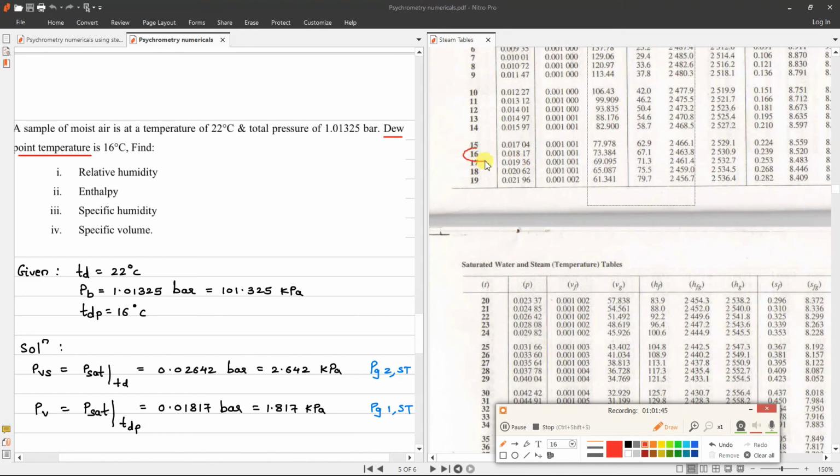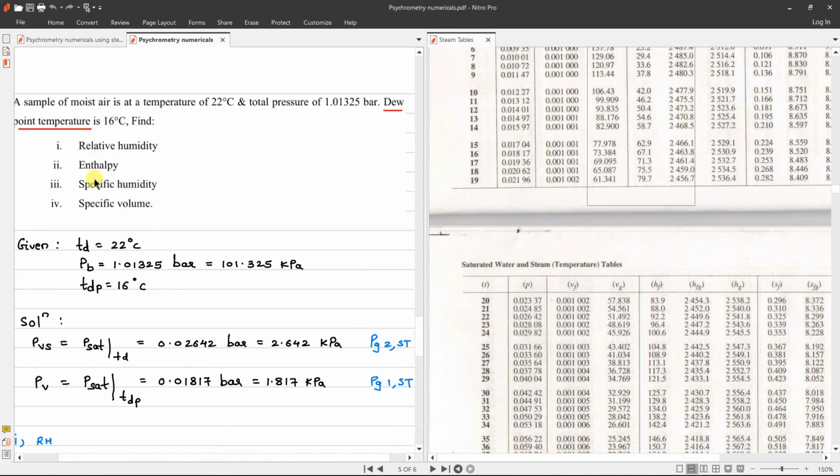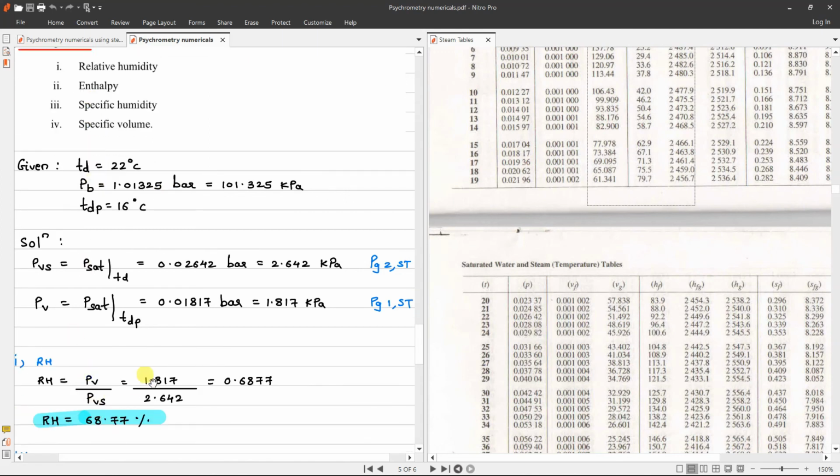This is 16 temperature and Psat at 16 temperature is 0.01817. So Psat at TDP is 0.01817 bar. So we can get that PV in kilopascal from page 1 steam table. Then relative humidity, it will be PV upon PVS. Substitute the values, you will get RH.